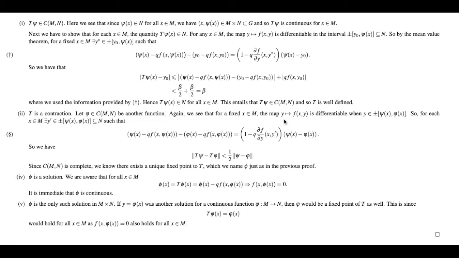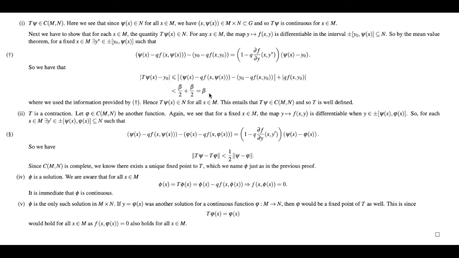So now this bound turns out to be beta upon 2, and the second bound, qf of x comma y naught, also turns out to be beta upon 2 by the way we chose our alpha, because now x lies in M, which is x naught minus alpha to x naught plus alpha, and y naught certainly lies in N. So that means that the pair x comma y naught lies in M cross N, which is properly contained in G, and we obtained that the magnitude of qf of x comma y naught was strictly less than beta upon 2.